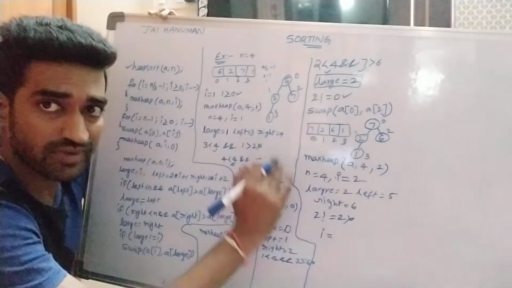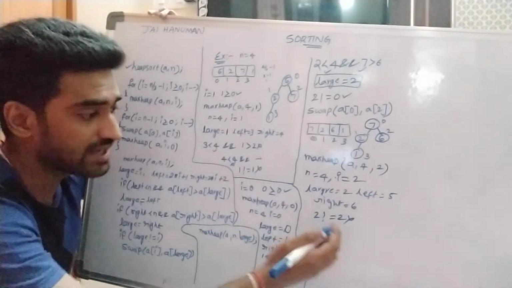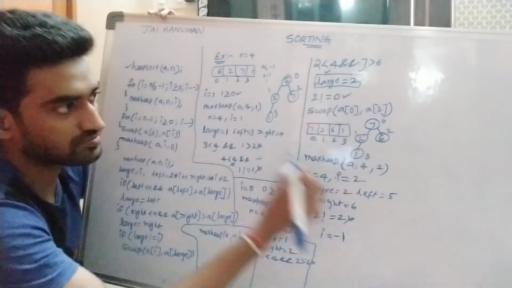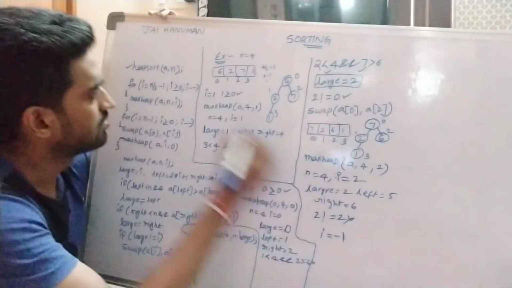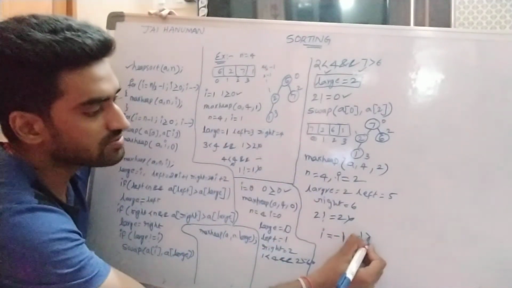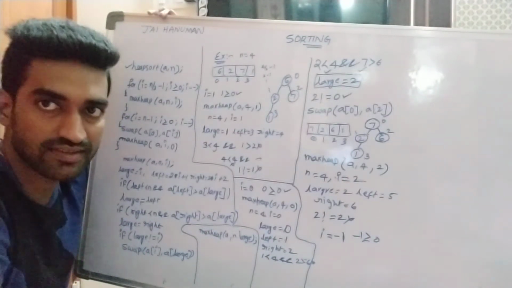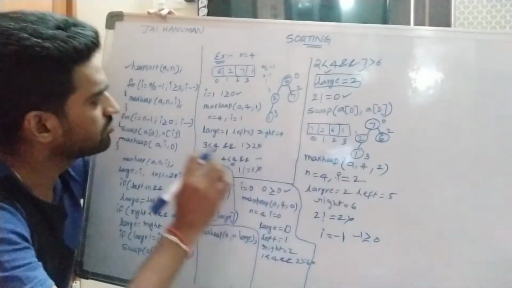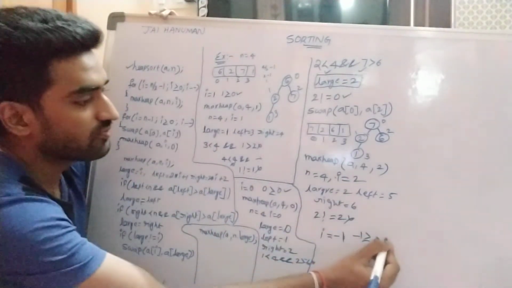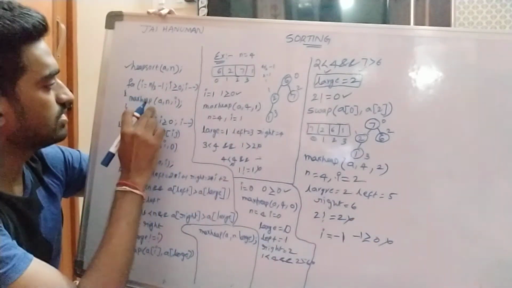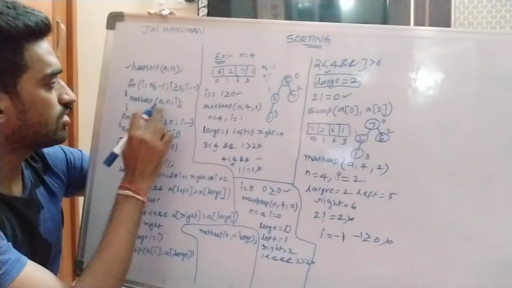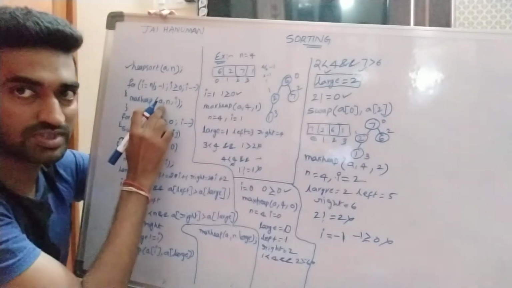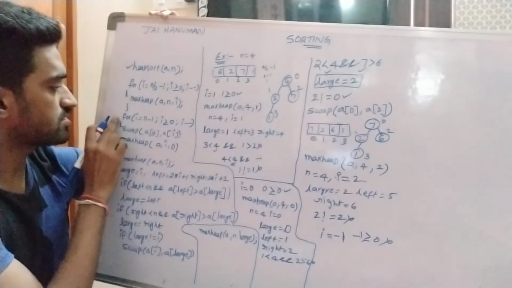Decremented by 1, 0 minus 1, so minus 1. Minus 1 greater than or equal to 0, the condition fails. That's why you cannot call max heap, and the control is passed to the next loop.